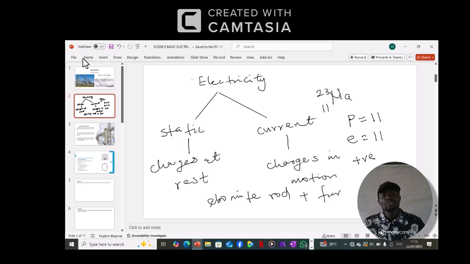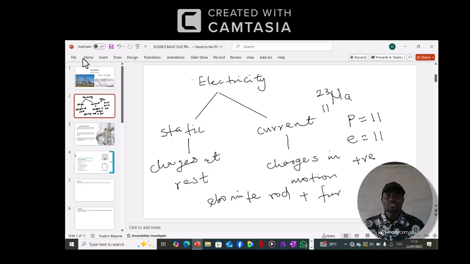But our attention today is on current electricity, the charges in motion, the one that deals with the flow of charges. So what is called current? We are going to define current.